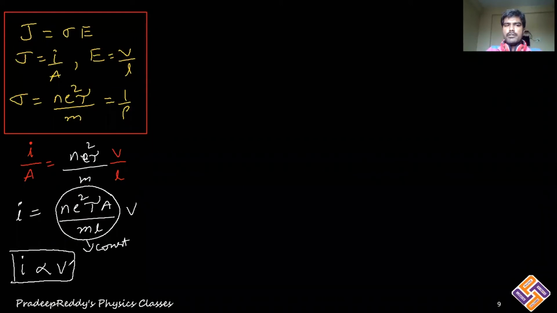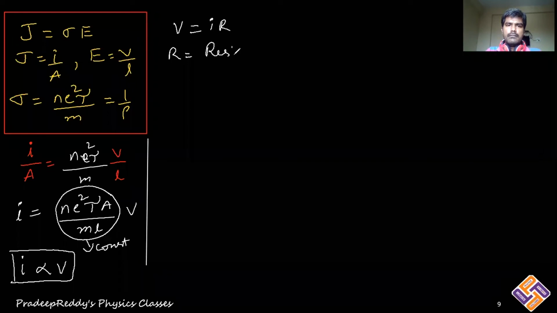I is proportional to V. If I remove this proportionality, I can include a constant. That constant I'll represent with R, where R is resistance of the conductor.